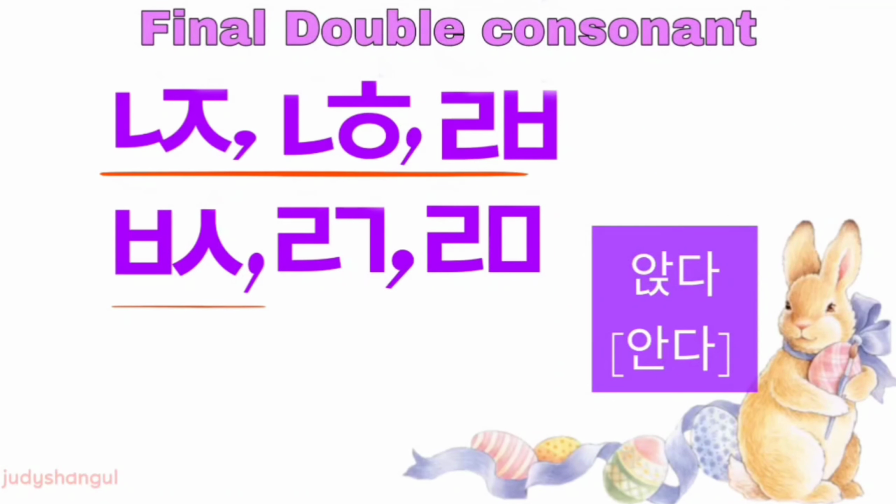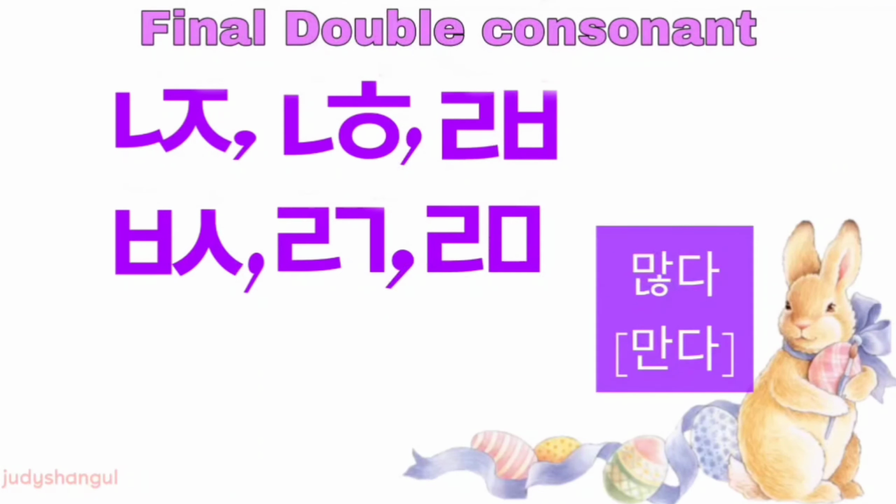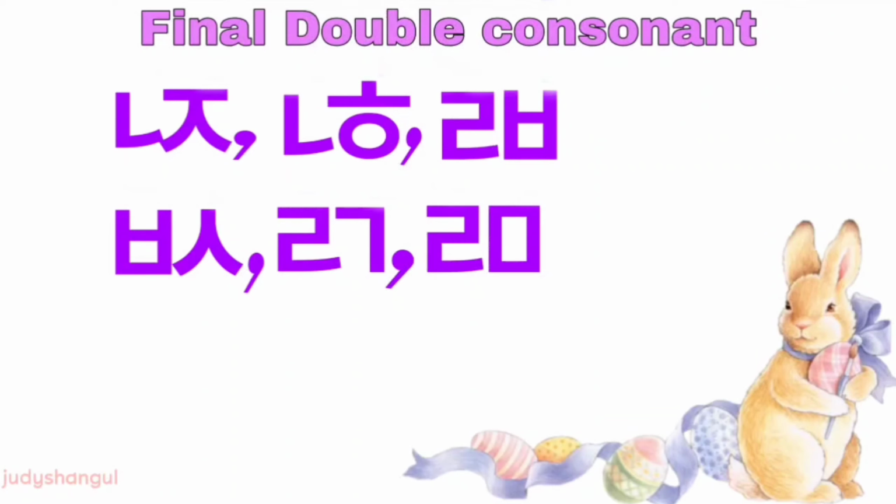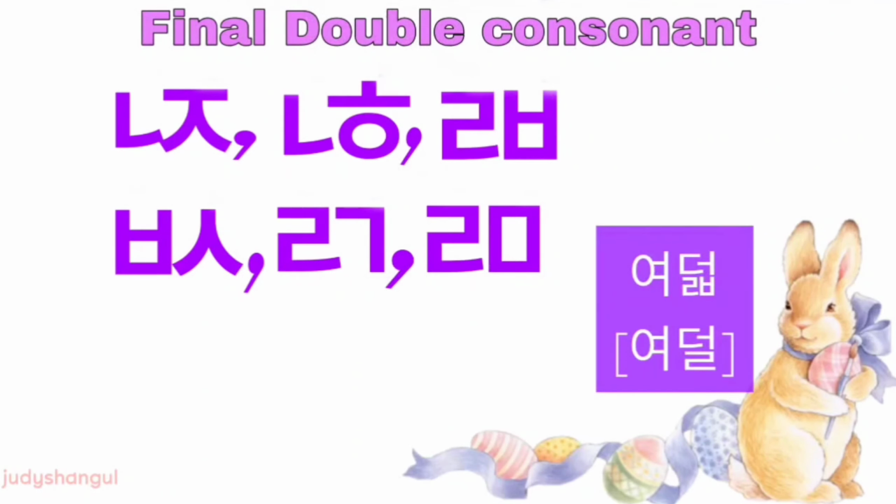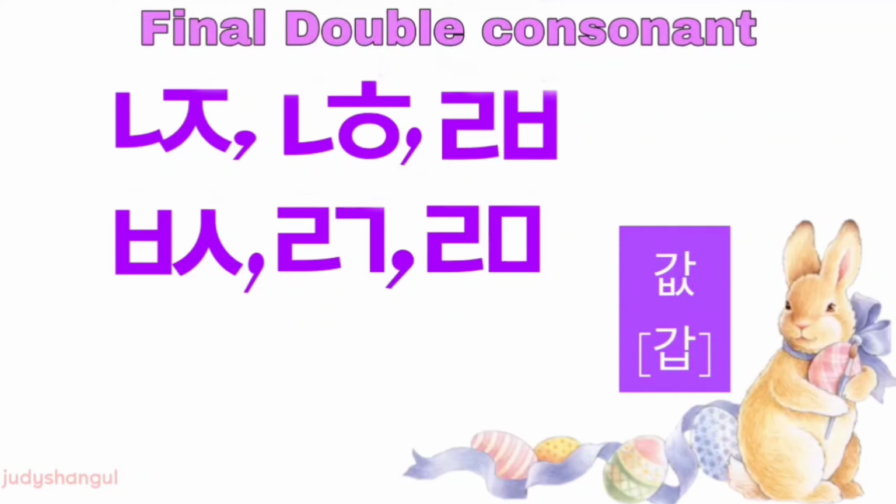Here only the first consonant 니은 is pronounced, not 지읒. 안타, 많다, 여덟, 갑.